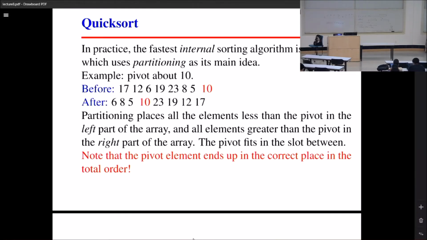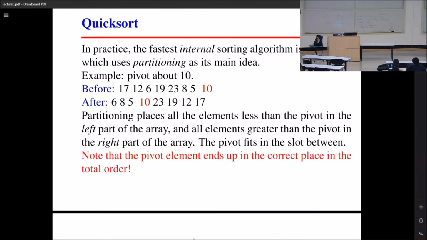For example, now we have the 10 here. 17 is greater than 10, so 17 goes here. 12 is greater than 10, so 12 goes here. 6 is smaller than 10, so it belongs to the left part. We have the 6 here.